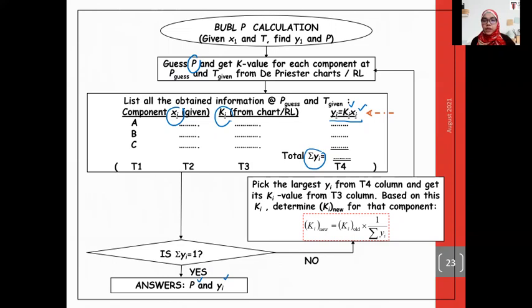But if not, you need to restart your calculation by picking the largest yi here. For example, for each component, you pick the largest composition from T4 here and get the value of Ki. The value of Ki you can get from this T3, and based on that, determine the new Ki using this correlation.